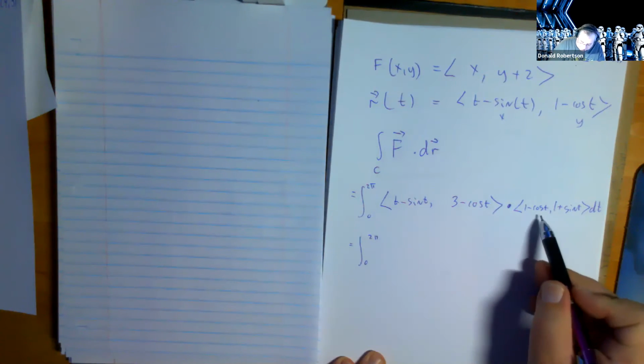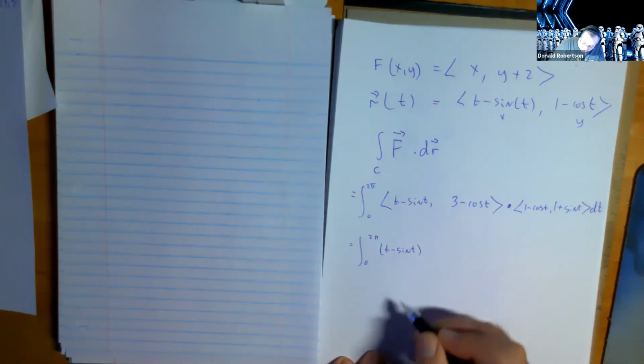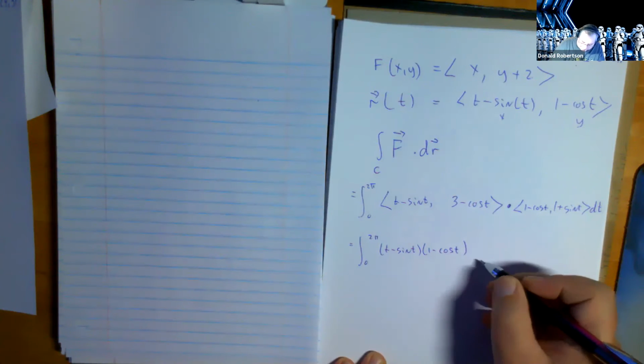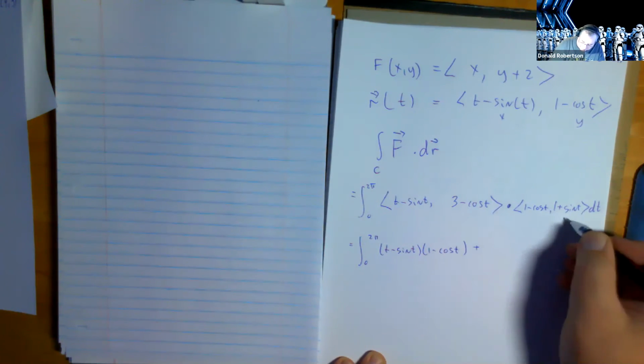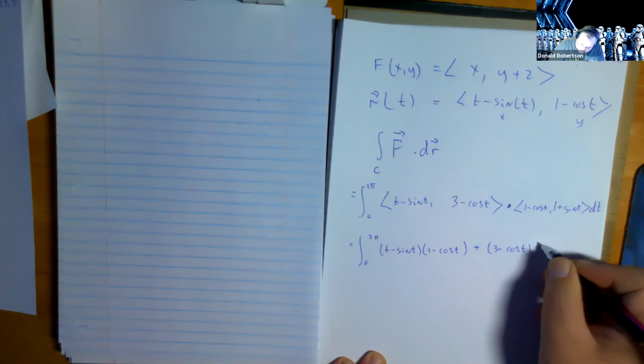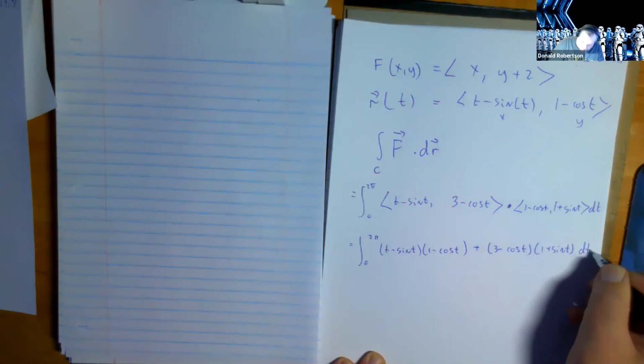Right, this guy times this guy, that's going to be t take away sine t times 1 take away cosine t, plus this guy and that guy, which is 3 take away cosine t times 1 plus sine t, dt.